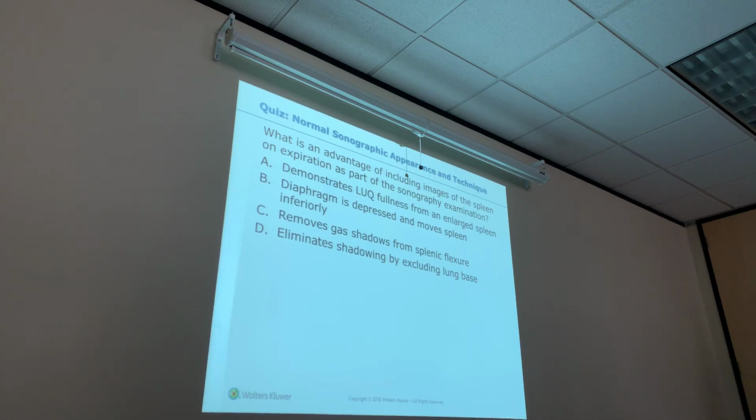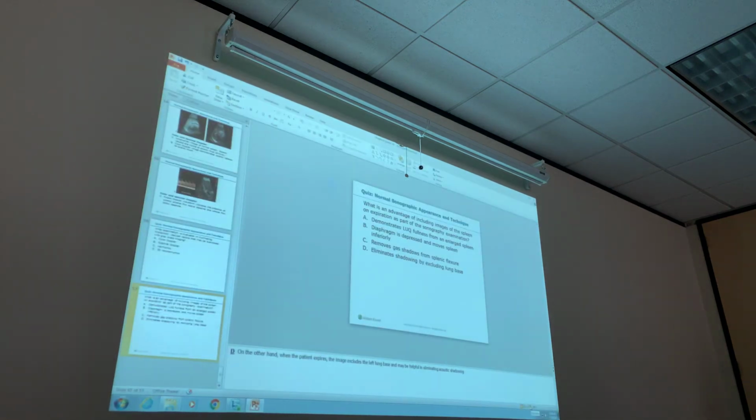I would say diagnostic spleen. No, I think we'll move it up. So I think it eliminates shadowing. Yep. Yeah, eliminates shadowing.